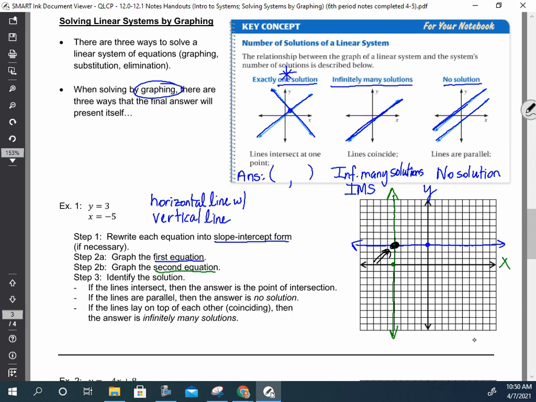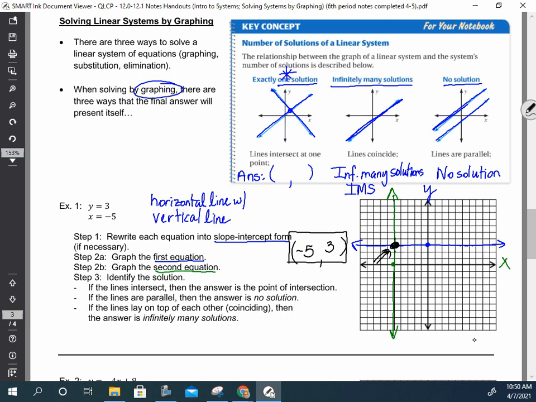Since they intersect, the only thing you have to do is tell where they met. All you're identifying is the point where they met. That's -5 on the x side, 3 on the y side.